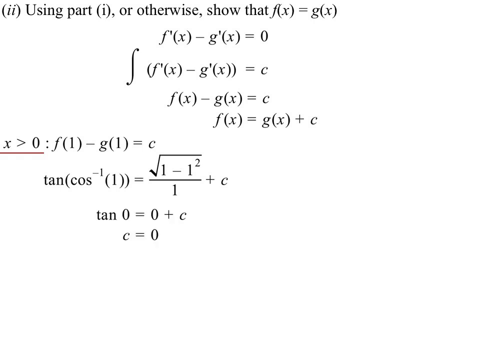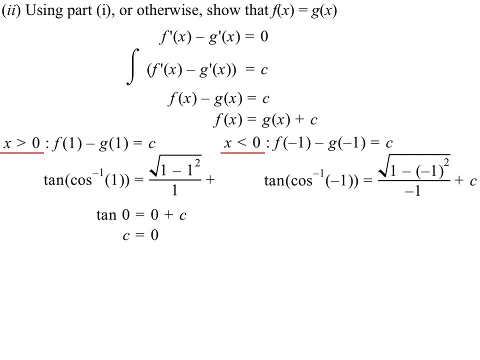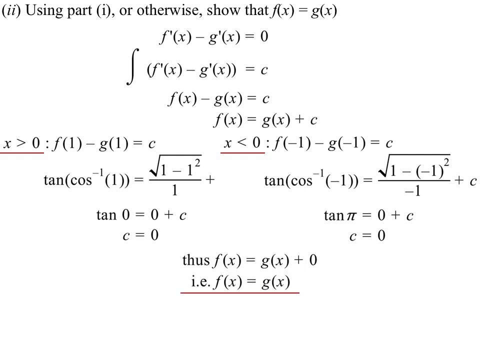But I do need to check, because again, have a look at g of x, we've got a problem with the domain. Maybe that's why they gave us the graph to highlight, oh look, it doesn't exist at x equals 0. So let's check the other side as well. And when we substitute in 0, yeah, it also turns out that the constant is 0. So it's okay. Both sides turn out to be 0. Therefore, yeah, we can say f of x is g of x.